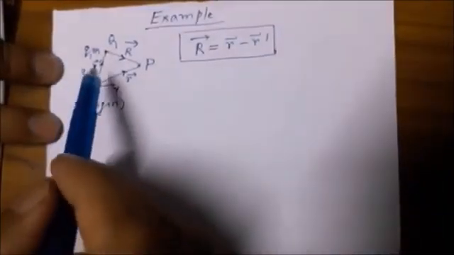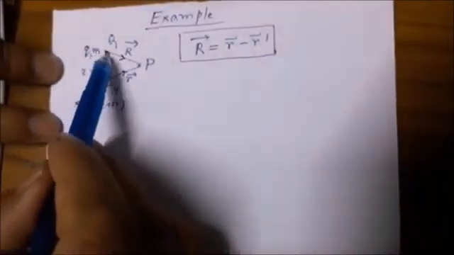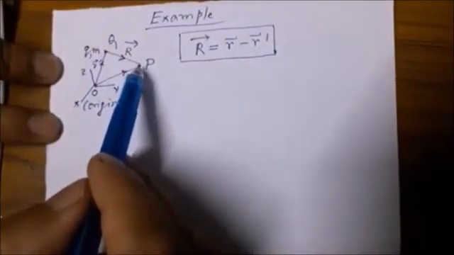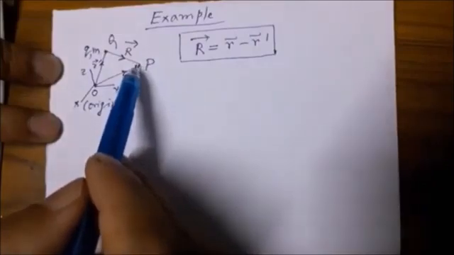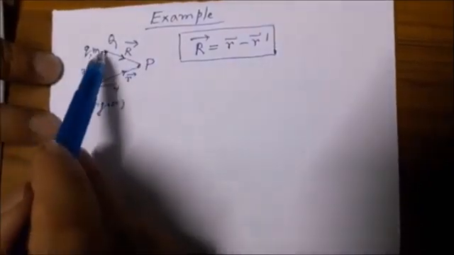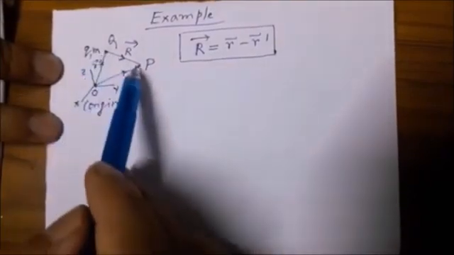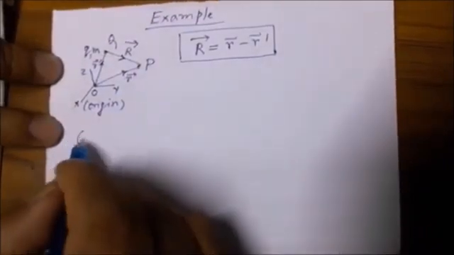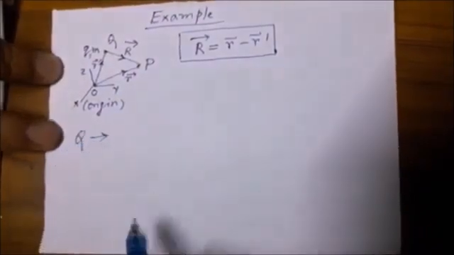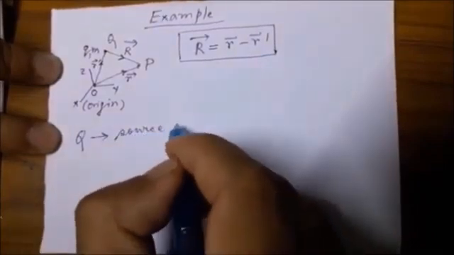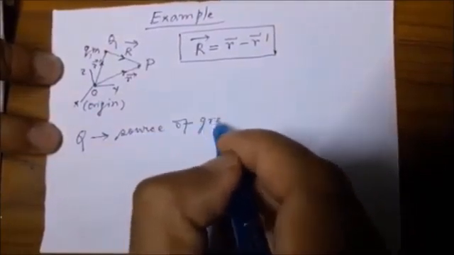Now the effect of this mass m at point P is obtained using Newton's law of gravitation. In other words, this m produces a gravitational field at point P. So the point Q is a source of gravitational field.